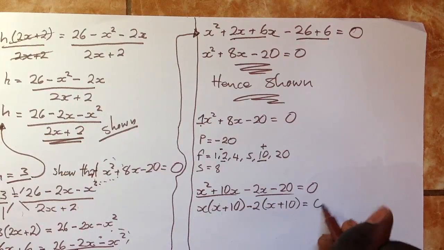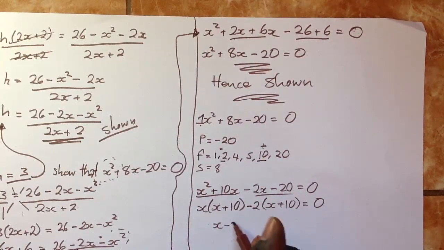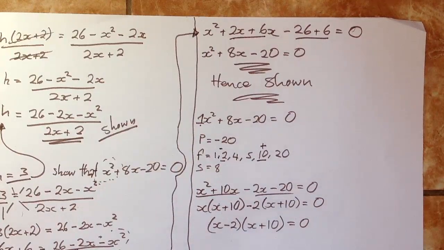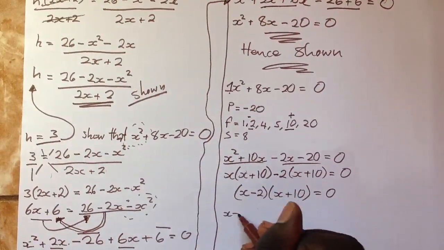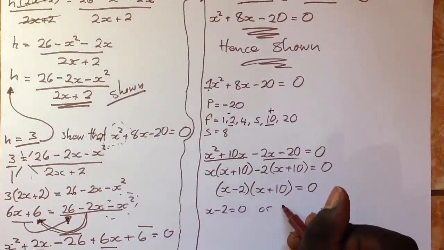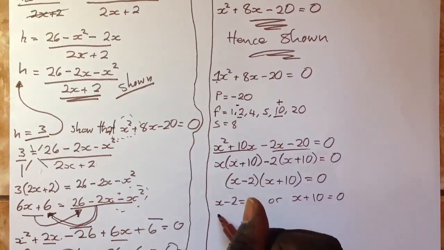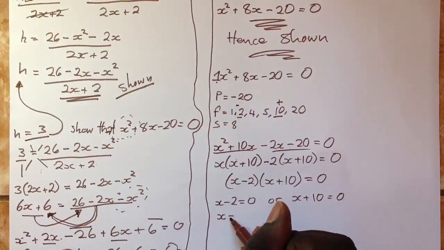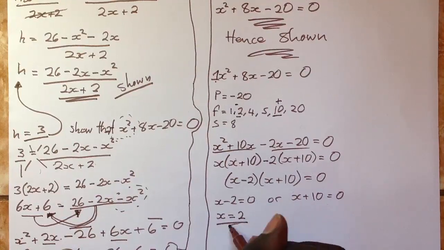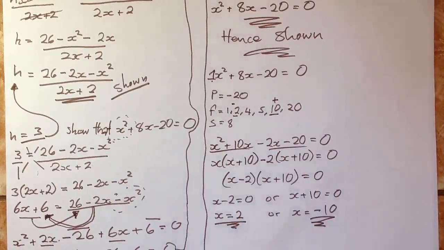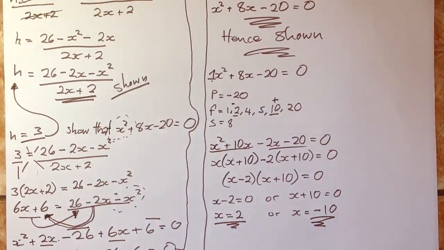Grouping the two factors, we have (x minus 2)(x plus 10) is equal to 0. At this point, we can say x minus 2 is equal to 0 or x plus 10 is equal to 0. And finding the value of x, we have x is equal to 2 or x is equal to minus 10.